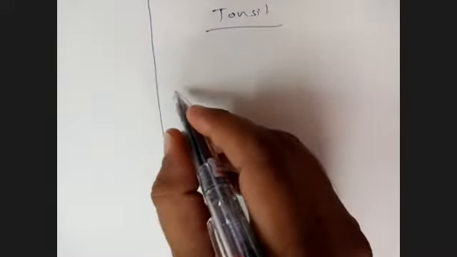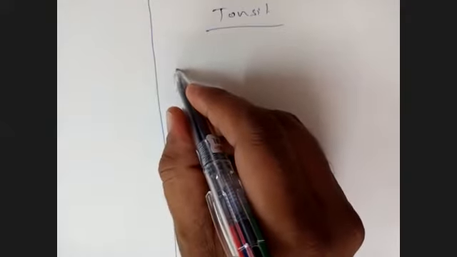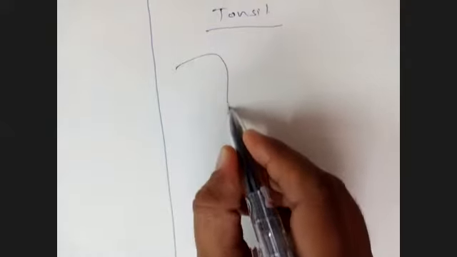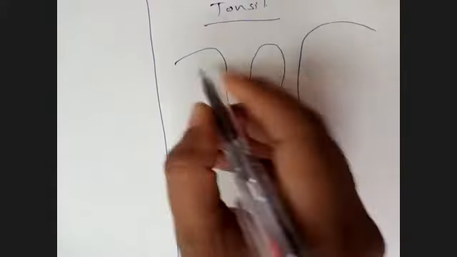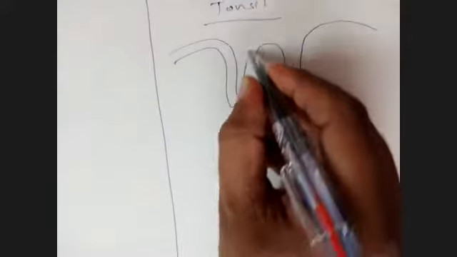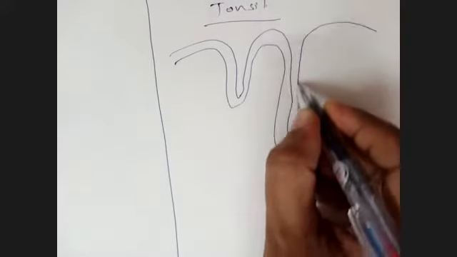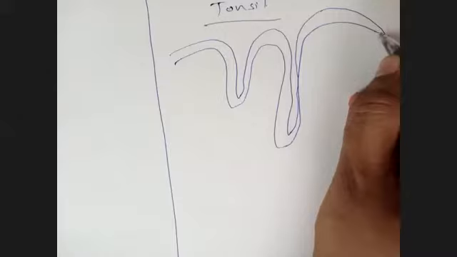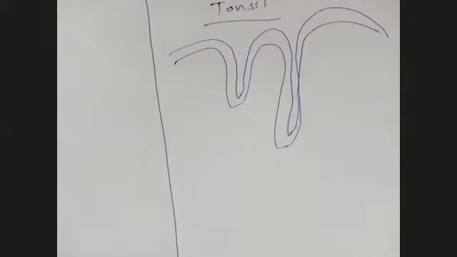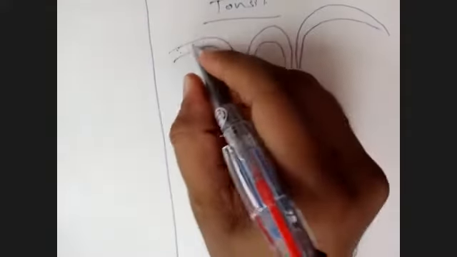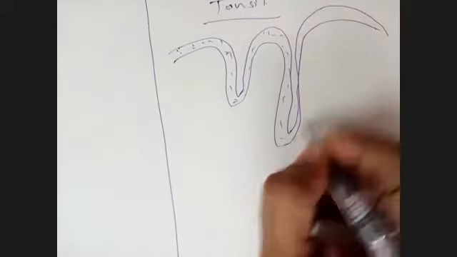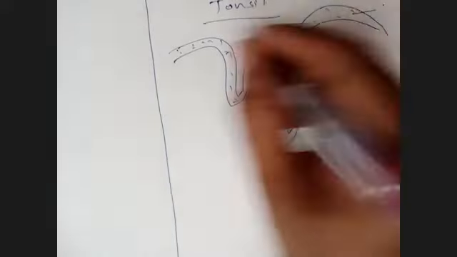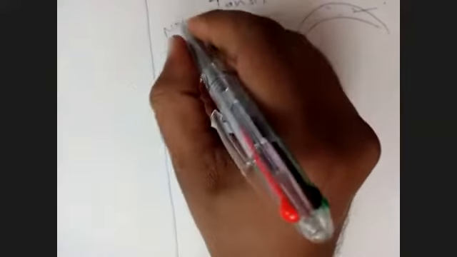The tonsil will also show follicles, but this palatine tonsil is present in the oral cavity, and therefore it will show an epithelium. It will show a non-keratinized stratified epithelium.